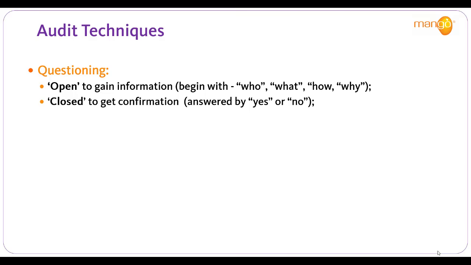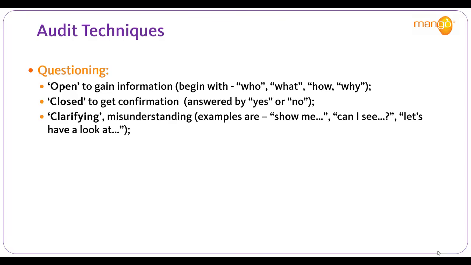So sometimes you can ask a closed question just to get confirmation that the answer is correct or not. But my favourite really is the clarifying question, which is taking maybe some misunderstandings, or where open or closed questions have not been very clear with the answers.